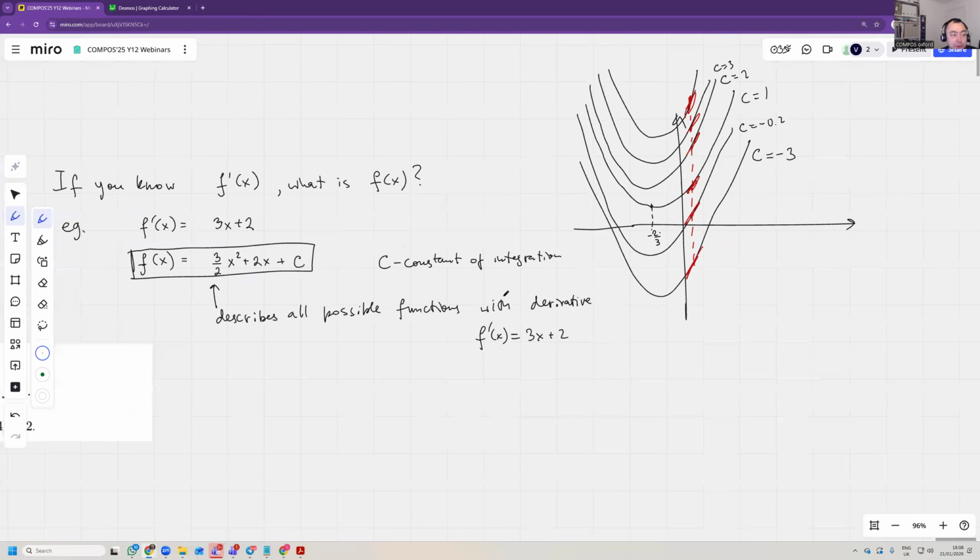Sometimes you're asked to find the particular solution that passes through a given point.